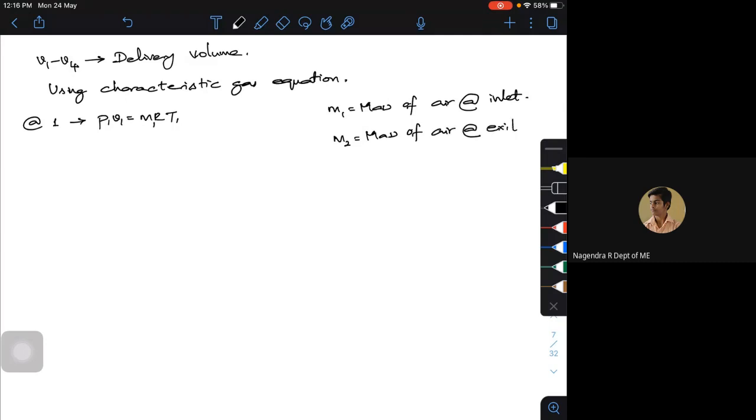So the difference between M1 and M2 is the mass of air that is working, that is the unit of mass, the mass under which your compressor is working.